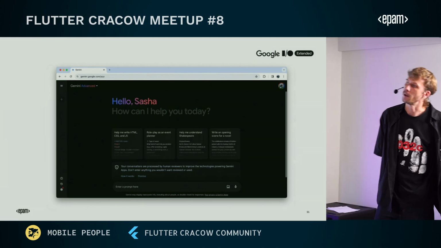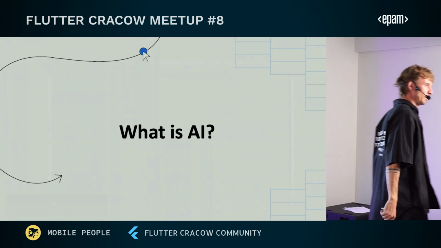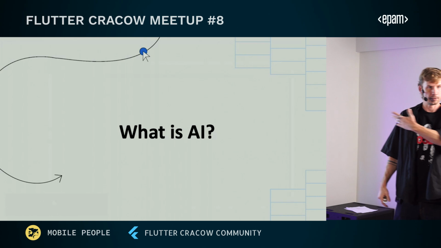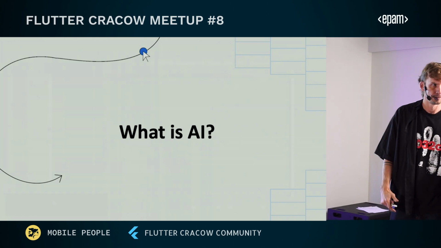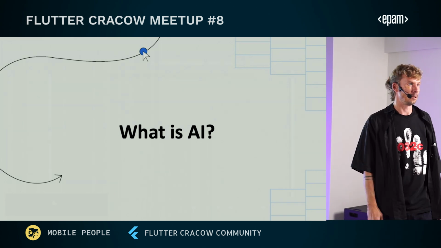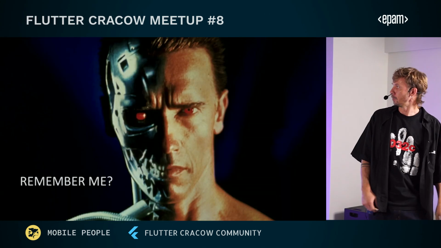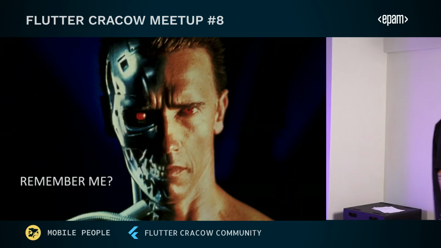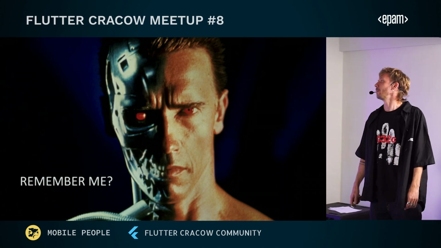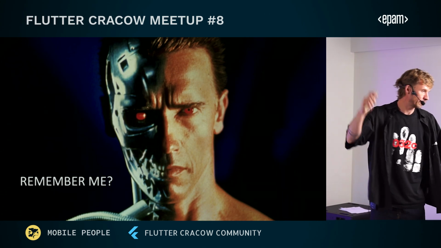Okay, nice. Background is good enough. So I expect that you can answer the question, what is AI? If somebody asked me this question 20 years ago, the first thing that would come to my mind would be something like this. But now I'm thinking about different things.